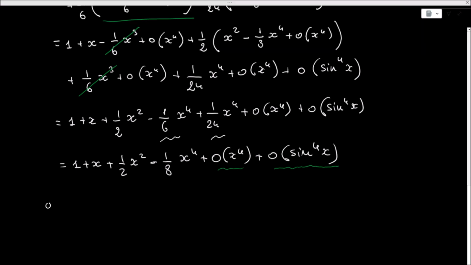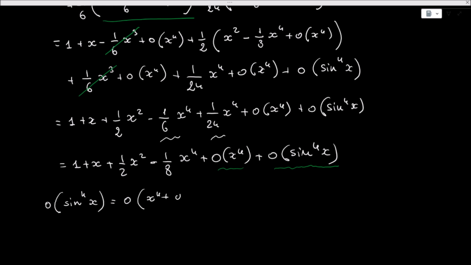So what I'm saying is that let me write little o of sine to the fourth of x. Well, this is little o of what? Well, we can write this as x to the fourth plus little o of x to the fourth.